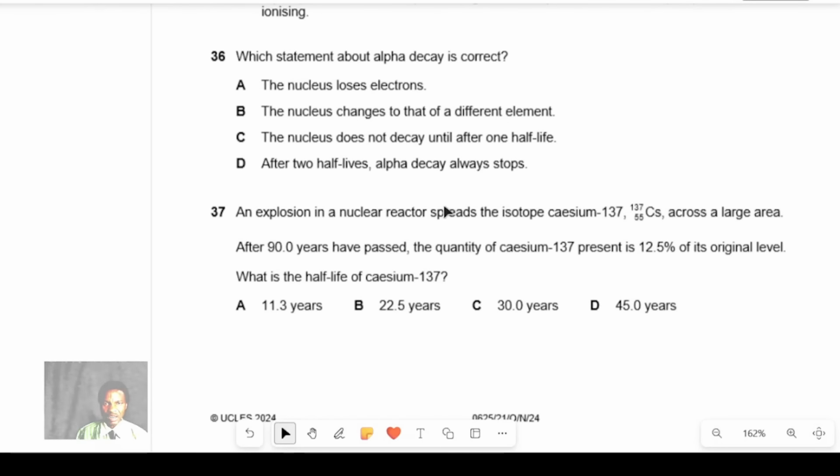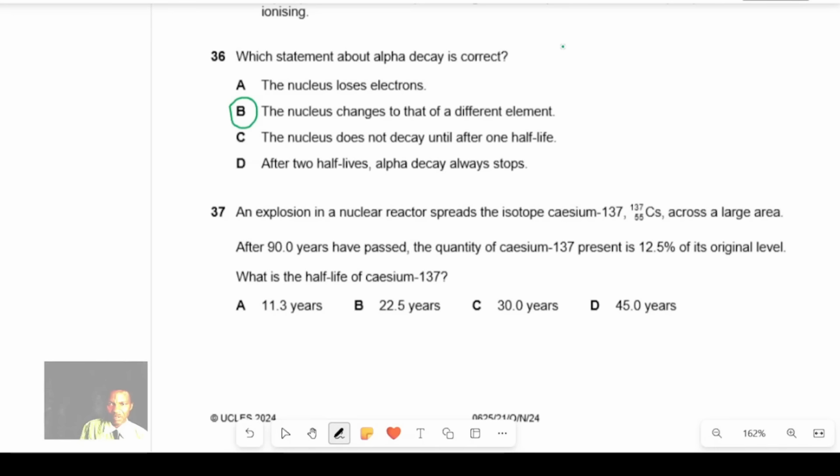Radioactivity. Now 36. Which statement about alpha decay is correct? With alpha decay, the nucleus changes to a different element.